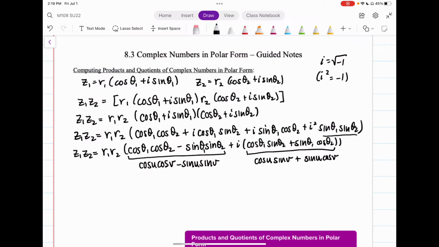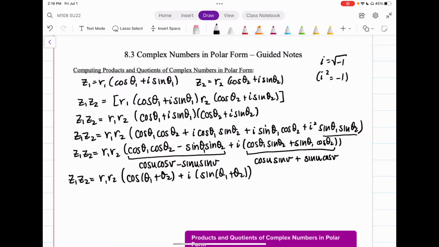And that is the sum formula for sine. So z1 z2 is equal to r1 r2 times the cosine of theta 1 plus theta 2 plus i times the sine of theta 1 plus theta 2, using the sum and difference formulas to replace those.